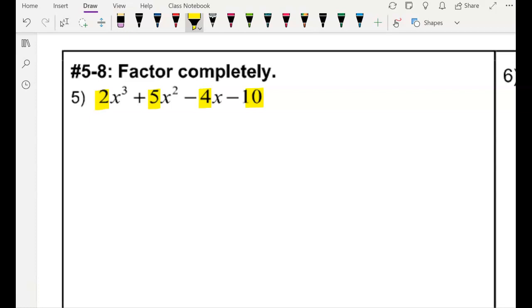Because it's a 1, we don't need to take it out for the entire expression. We want it to have a GCF bigger than 1. Now, next look at the variables. X to the third, x squared, x, there's no x. So again, for these 4 terms, we don't have the greatest common factor for the entire expression.